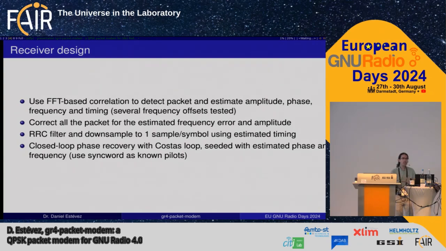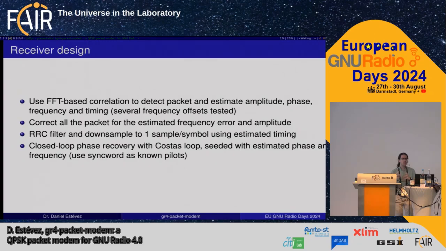So you have estimated with the synchronization word where the packet begins, and you keep the nominal symbol rate throughout the whole packet. So there is no closed loop recovery for symbol timing. For phase, there is closed loop recovery because you really need it in this kind of system. So there is a Costas loop.